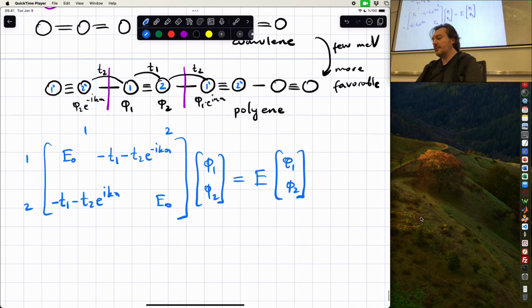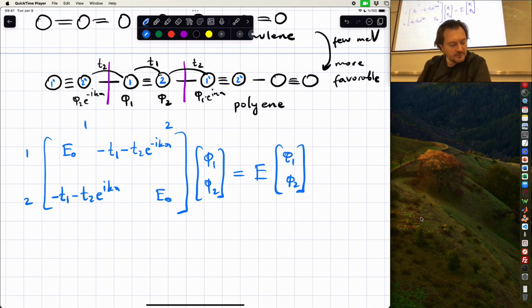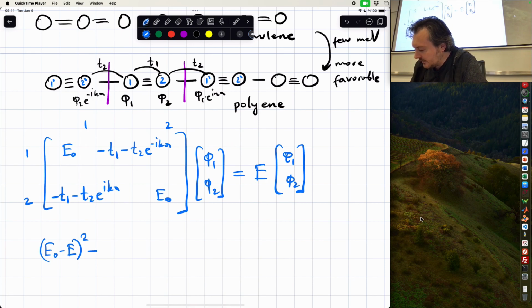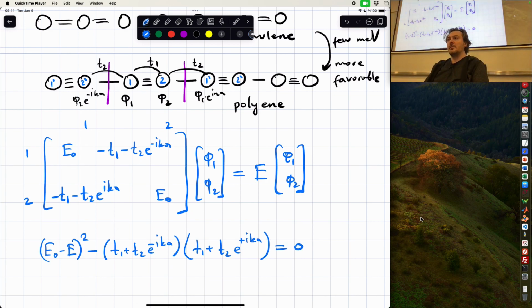Okay, so to find E, you need to actually solve this determinant: E0 minus E squared minus the quantity T1 plus T2 e to the iKa times T1 plus T2 e to the minus iKa equals 0. Did you follow this one?